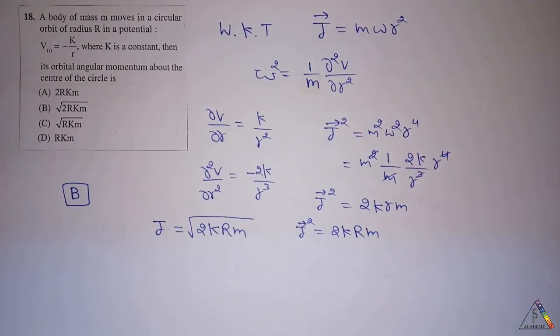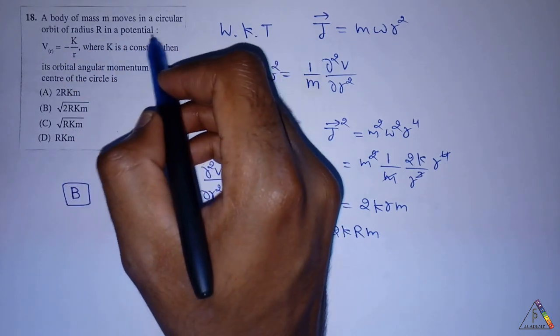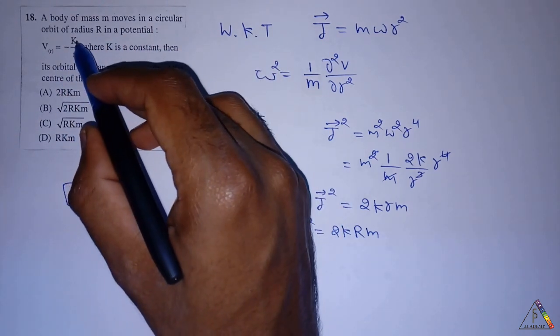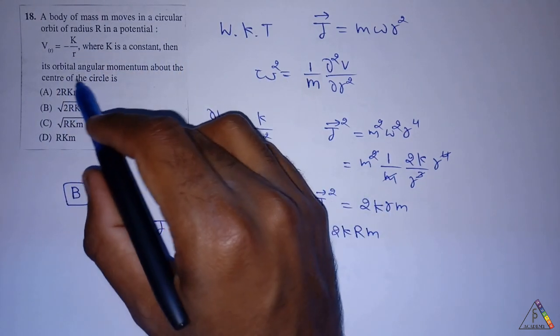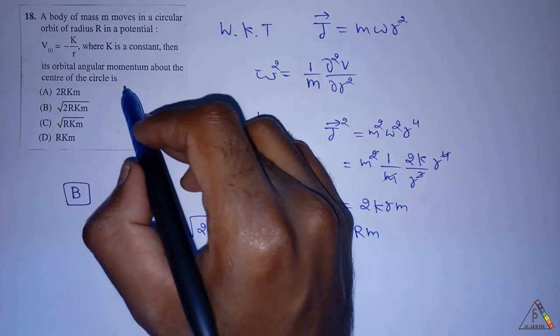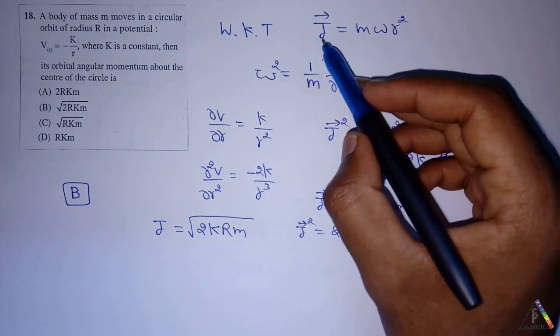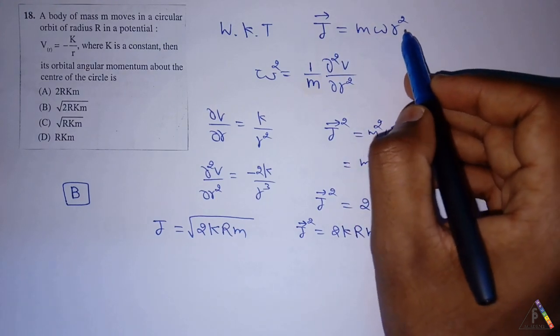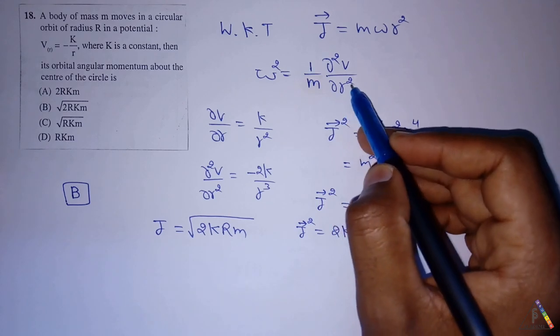Next question is, a body of mass m moves in a circular orbit of radius r in a potential V of r equals minus k by r, where k is a constant, then its orbital angular momentum about the center of the circle is. We know that the angular momentum J is equal to m omega r square. Omega square is equal to 1 divided by m dou square V by dou r square.